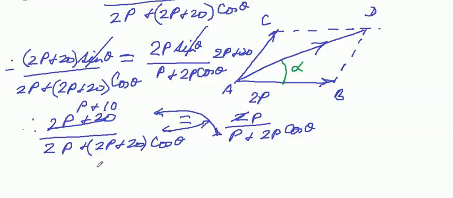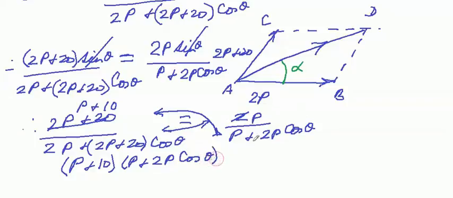So (P plus 10) into (P plus 2P cos theta) is equal to P into (2P plus (2P plus 20) cos theta).